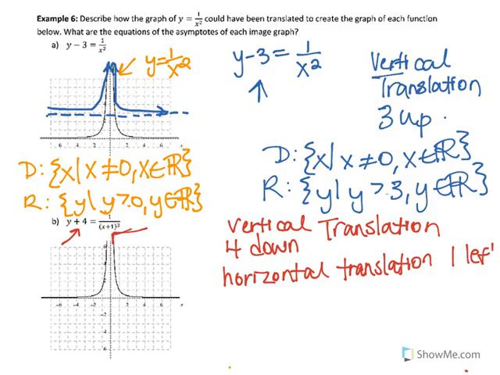Okay, so our horizontal asymptote is going to be moved 4 down, and our vertical one is going to be moved 1 to the left. And now we can just sketch using the asymptotes. Right, there you go. And that is how we do translations.